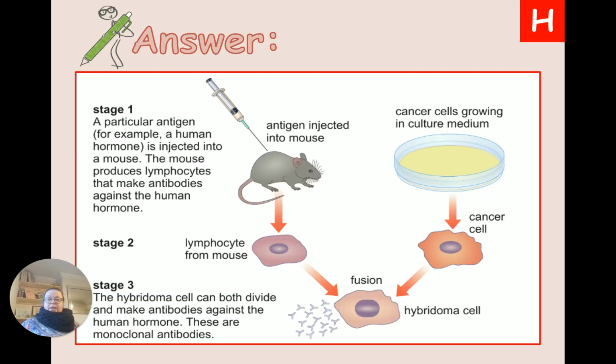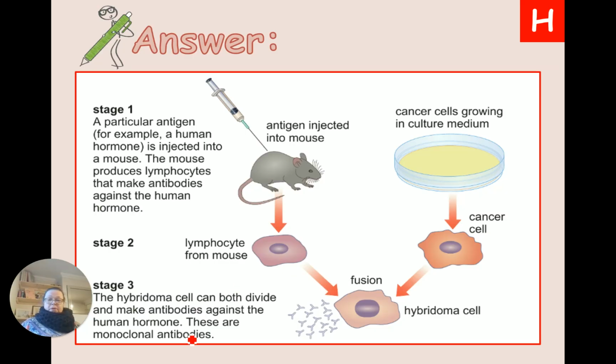Now there's our summary page. We're injecting the mouse here with an antigen. Then we remove the white blood cells from the mouse, the lymphocytes, and fuse them with our cancer cell over here to get our hybridoma cell. The hybridoma cell can both divide and make antibodies, so it's got the best of both worlds, against whatever it was injected against. In this case, it's a hormone.